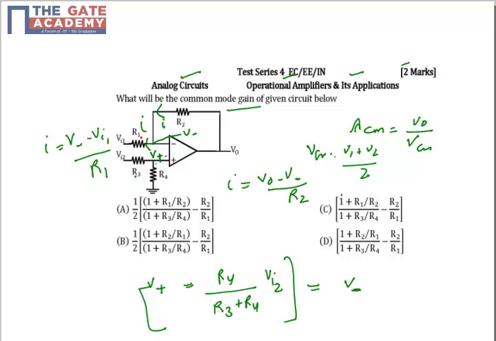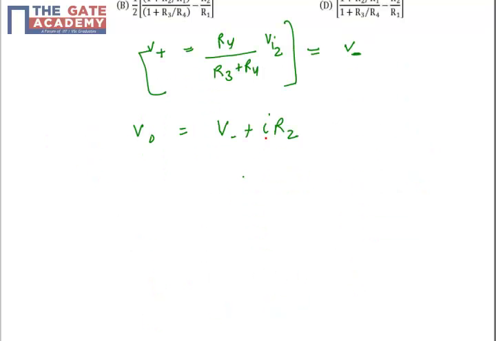Putting the value of I here, V0 is V minus plus (V minus minus VI1) by R1 times R2.